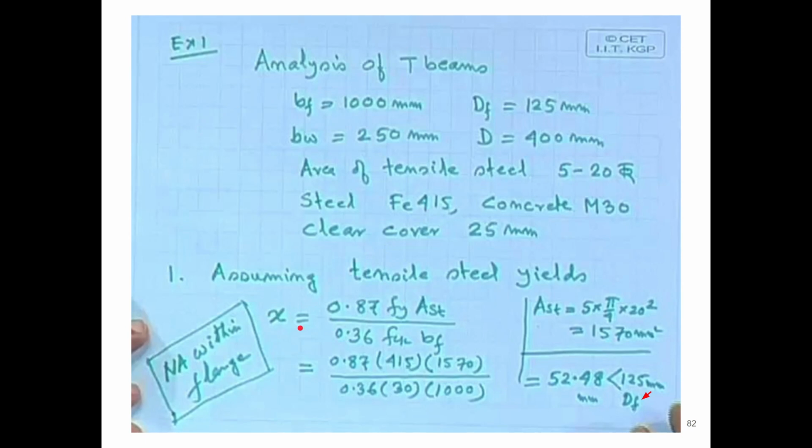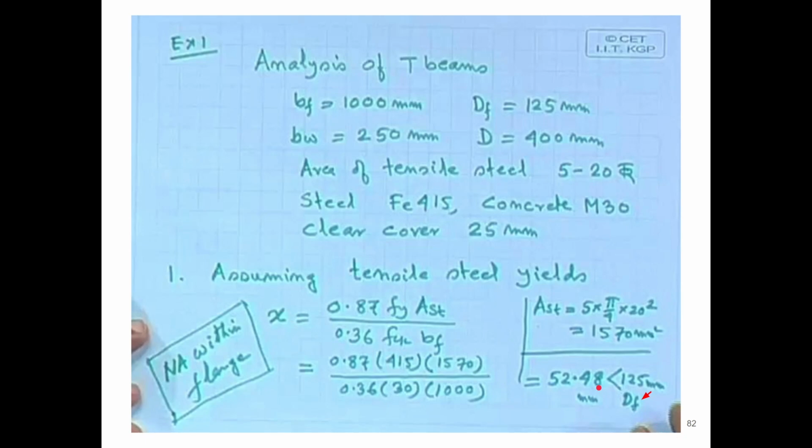We'll find the x value, and that comes out to be 52.48 millimeter. So the neutral axis comes out to be 52.48 millimeter.